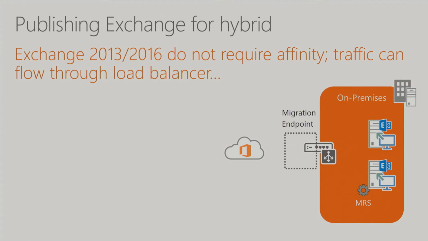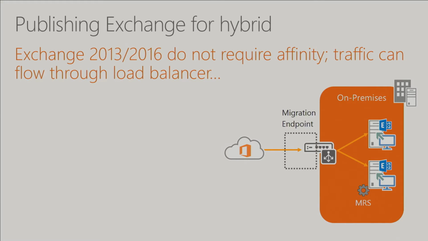Now, the problem there is, if you've got a 2013 or 2016 array of servers sitting behind a load balancer without any form of affinity, then one connection goes to the load balancer, it's directed to server A, and the second connection that comes in is directed to server B, and the third is to server C, and so forth and so on. So it kind of moves all over the place.